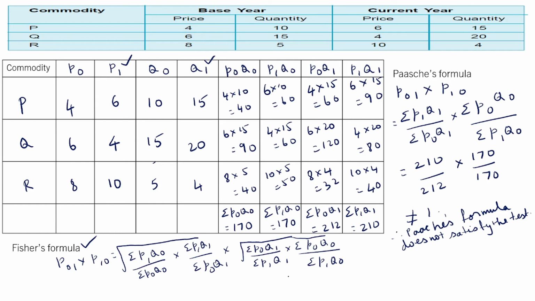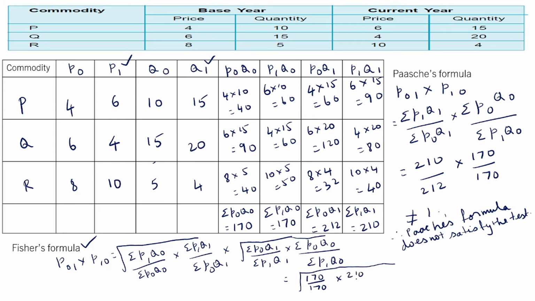Since root a into root b is root of ab, let us have one single root and substitute each of these values. Now summation P1 Q0 is 170, summation P0 Q0 is also 170. So it is 170 upon 170 into summation P1 Q0 is 210, summation P0 Q1 is 212.